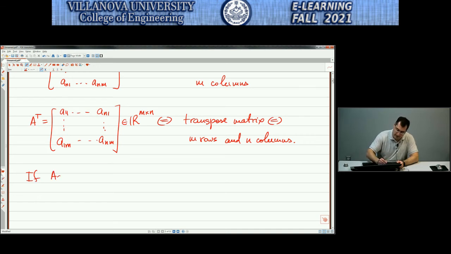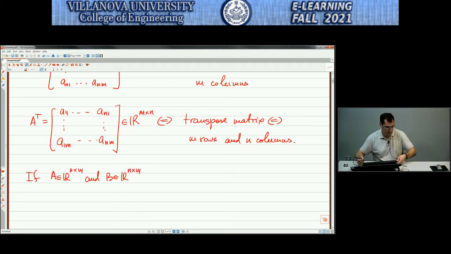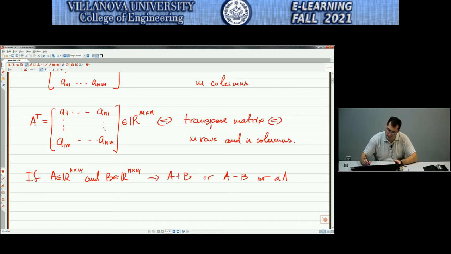So if A is n by m and B is n by m, then you can define something like A plus B or A minus B, or take a scalar alpha multiplied by A, take scalar beta multiplied by B, and add them up. So all of those things exist.